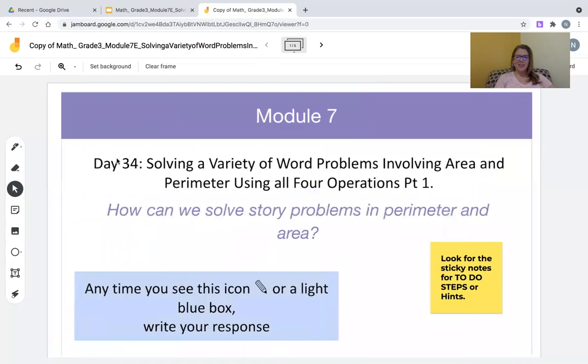Finally, students and scholars, we have completed Module 7, Day 34, with the focus question, how can we solve story problems in perimeter and in area? And we've used the sticky notes or the to-do steps to complete this section.